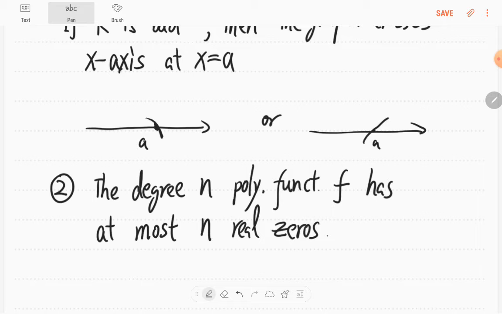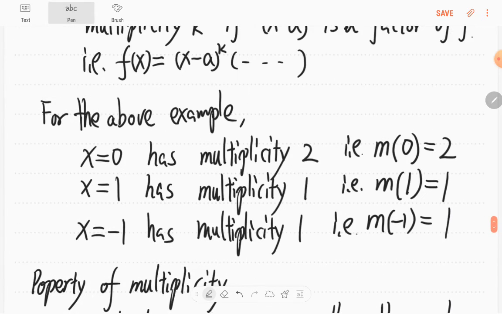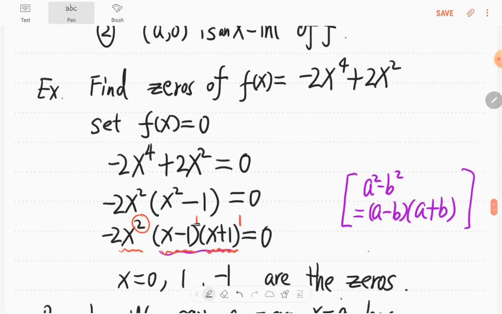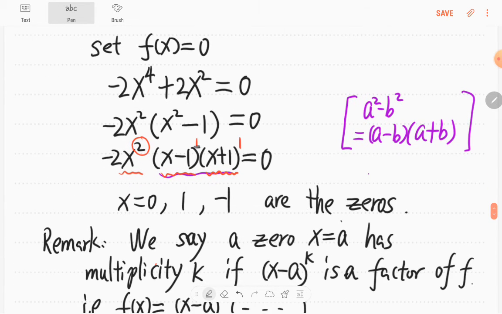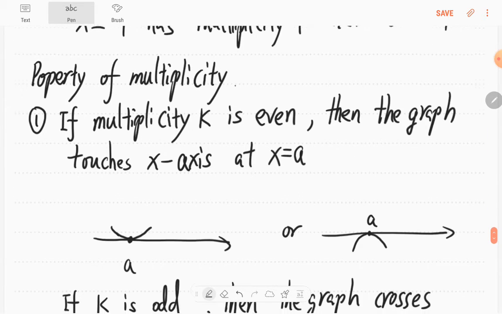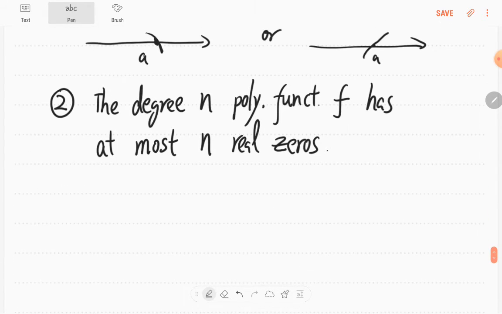So for example, for this function, which is degree 4, it has at most 4 zeros, but we only have 3 zeros. That's fine. At most means less than or equal to 4.